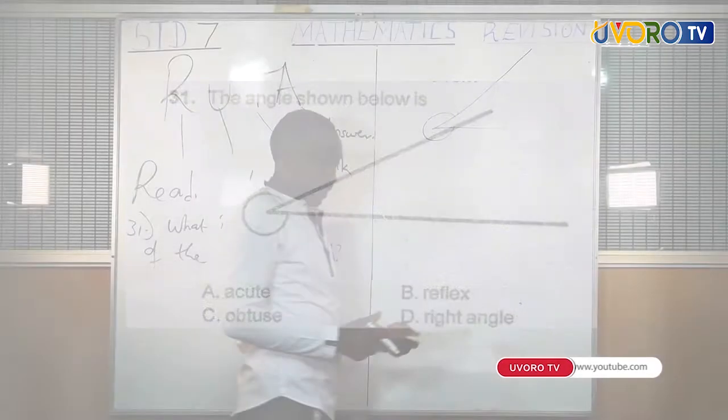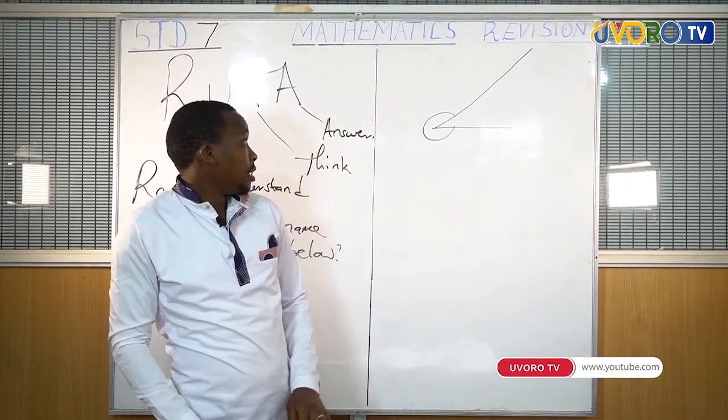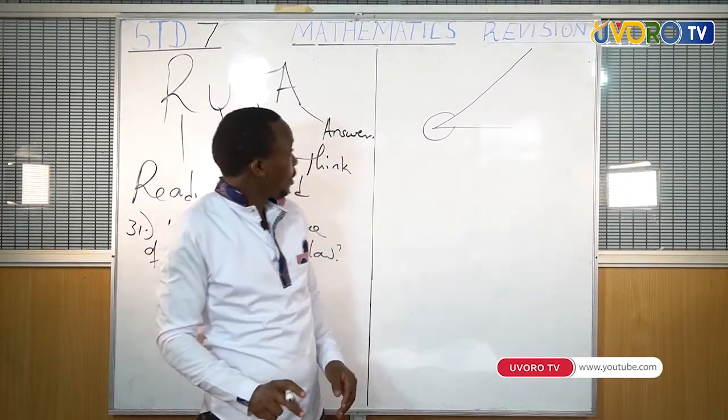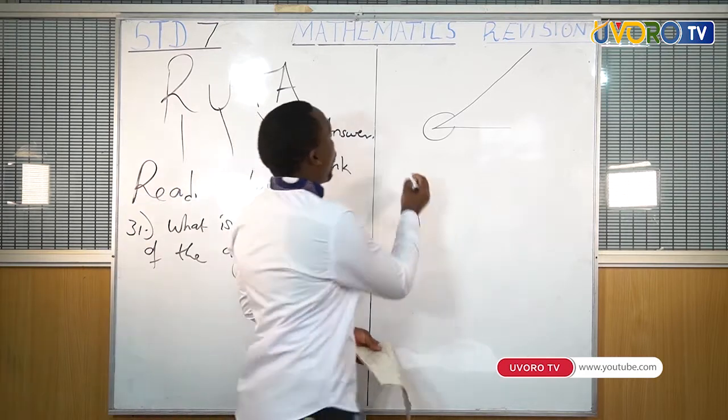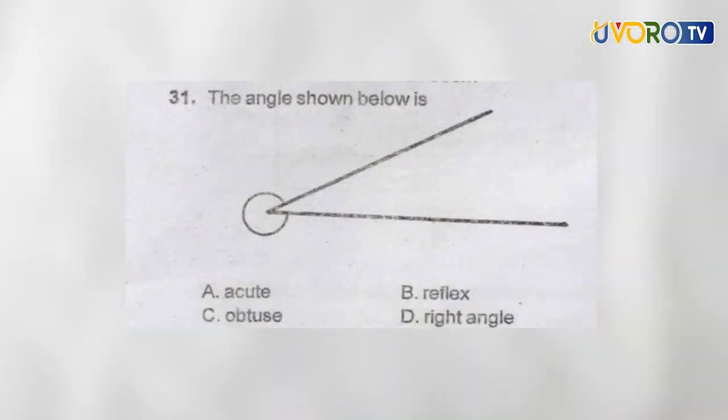It looks like that. A stands for acute. B stands for reflex. C stands for obtuse.